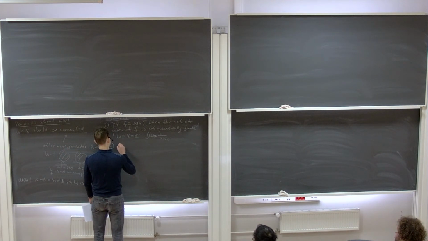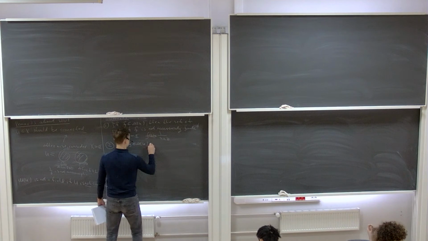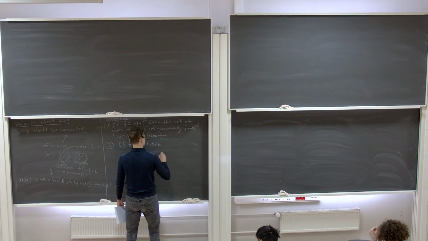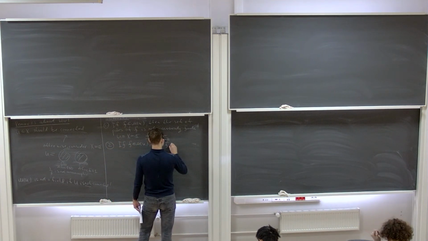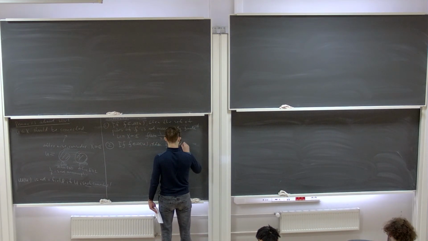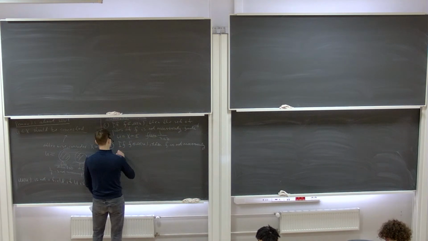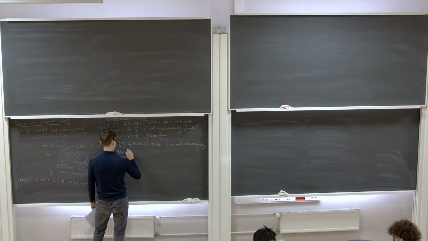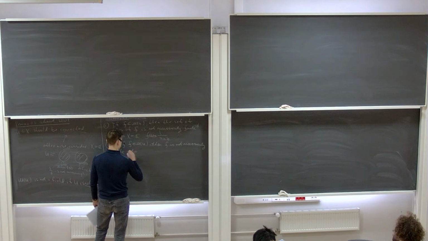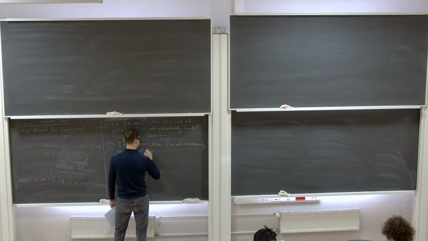If F is in M of U, then F is not necessarily the ratio of two holomorphic functions.